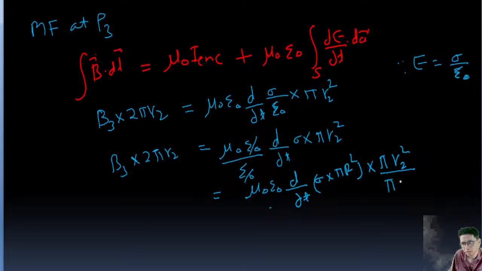Okay, so this value is going to be sigma pi r square, which is Q, right? So mu 0 epsilon 0, this is dQ upon dt, which is I, and pi will get cancelled. Okay, so this is going to be r2 square upon r square.